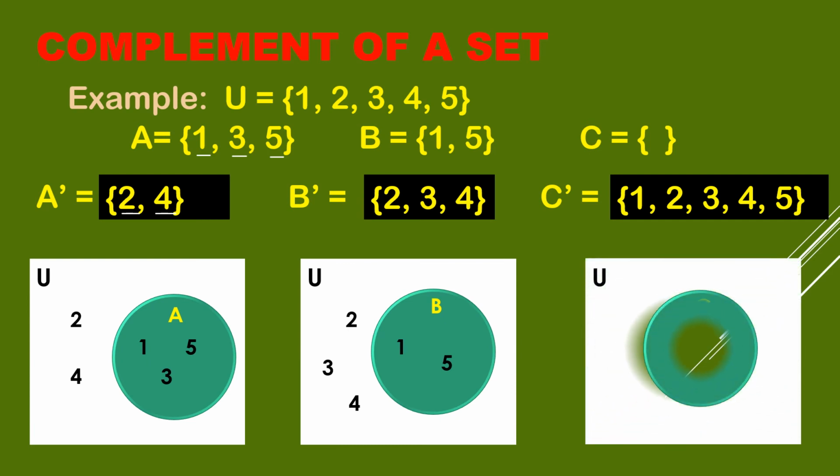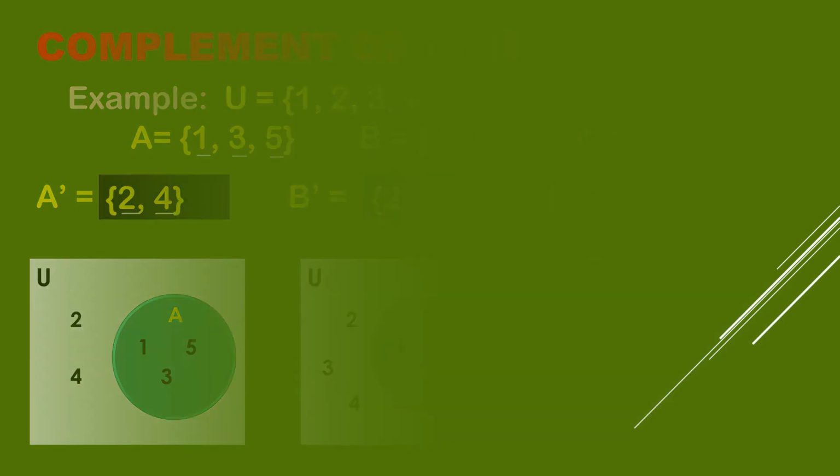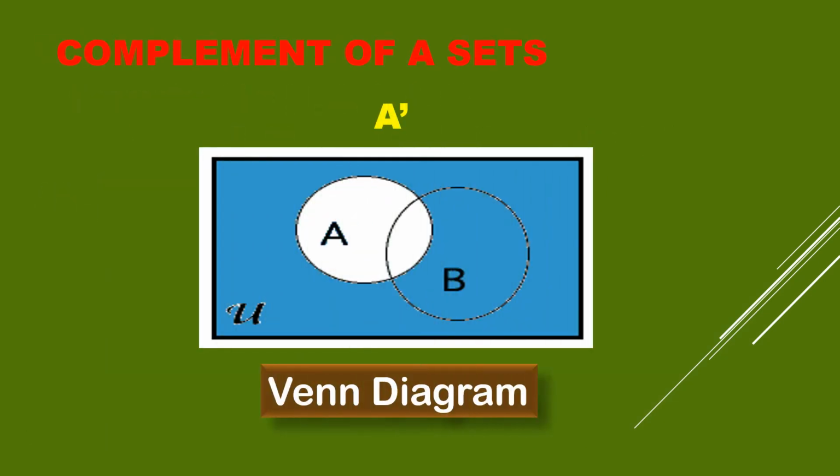And for C prime or C complement, we have here 1, 2, 3, 4, 5 nasa labas si circle kasi nga yung sa circle natin is an empty set. Alright. So, ito rin yung itsura natin. This is how our Venn diagram in shaded would look like.